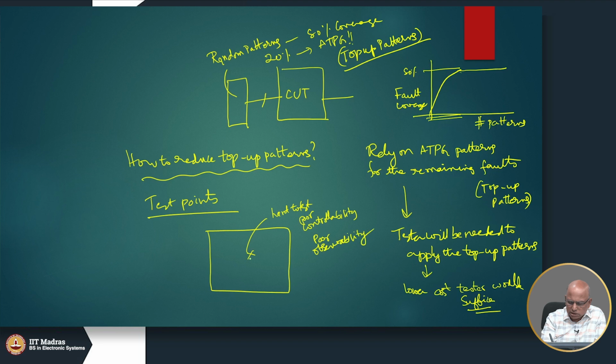Okay. So, let us say there is a gate here which is an 8 input AND gate. If I am looking for a stuck at 0 fault here, in order to activate the fault I have to put a 1 to activate the fault.